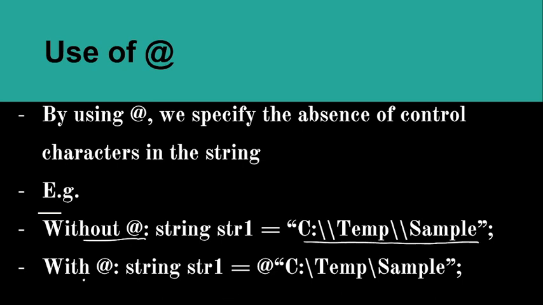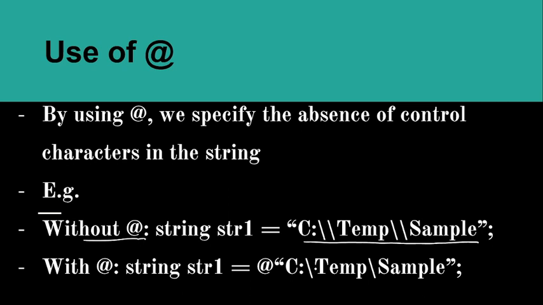But suppose I'm going to use @, then I would simply start with @ at the beginning and I can simply write it as a string, because here I'm declaring that there are no control characters, absence of control characters. So this single slash will be taken as slash only, it will be taken as character only. And that's the use of @ with strings.